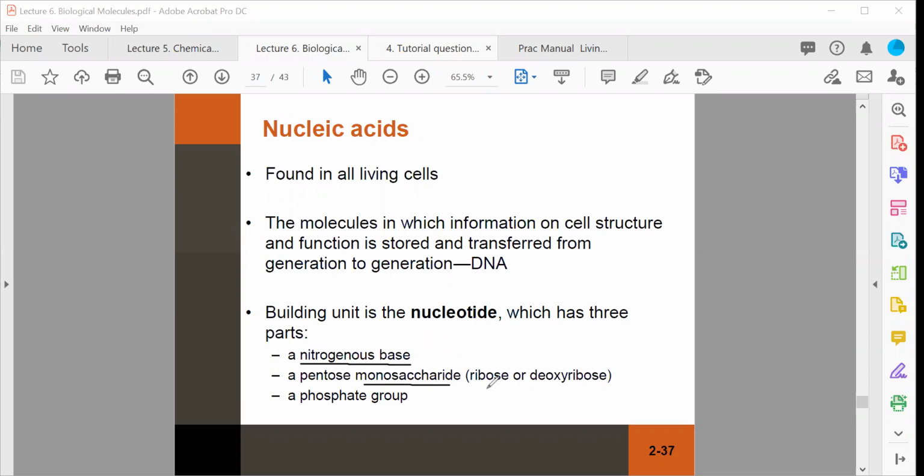That sugar is either ribose or deoxyribose, depending on whether it's a nucleotide found in DNA or in RNA. The nucleotide also contains a phosphate group. All right, let's look at that in more detail on the next slide.